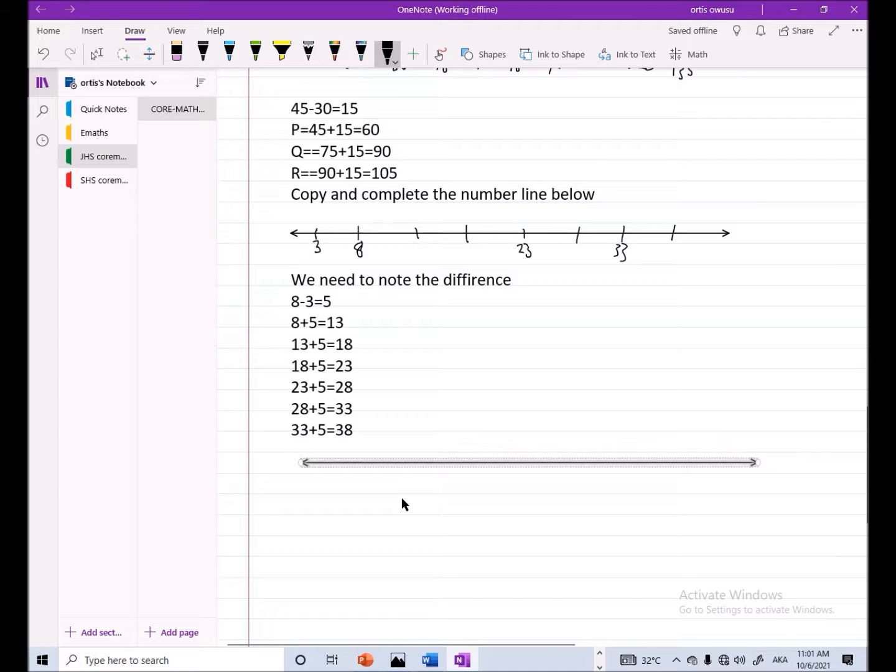So here we go. I have my 3, which is already written. I have my 8 here. What is next? This one, right? 13. Alright, my 13. Alright, my 18.